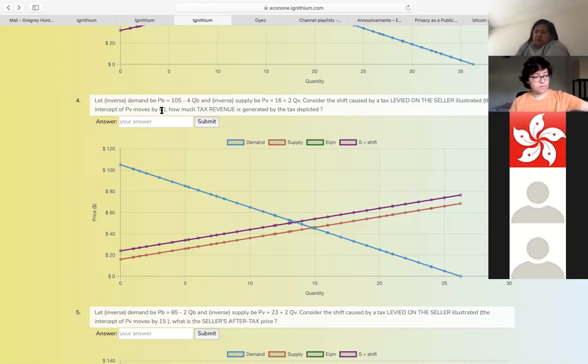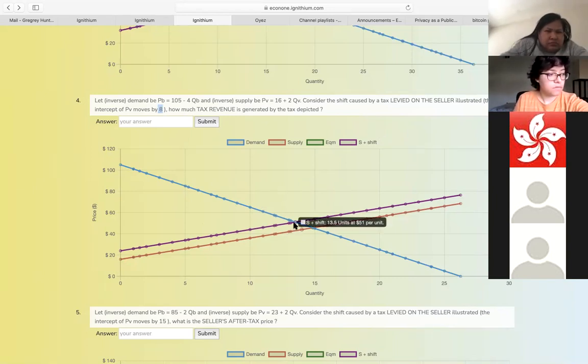But we know that that distance is 8. So our rectangle is going to have a height of 8, and it's going to be multiplied by the number of units traded after the tax, which is 13.5.